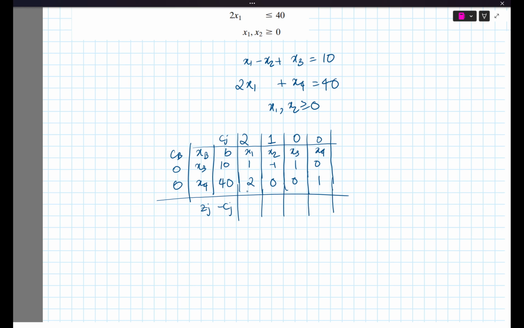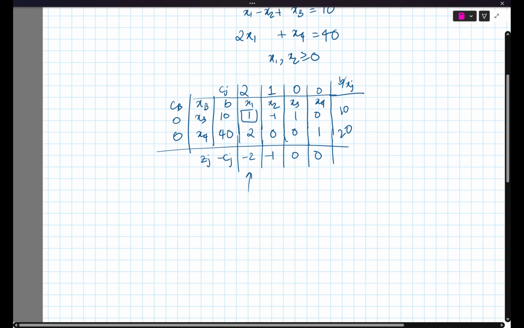If I compute this, I get minus 2 minus 1 0 0. Look at b by xj, that is in this column I have 10 and 20. This is my pivot.